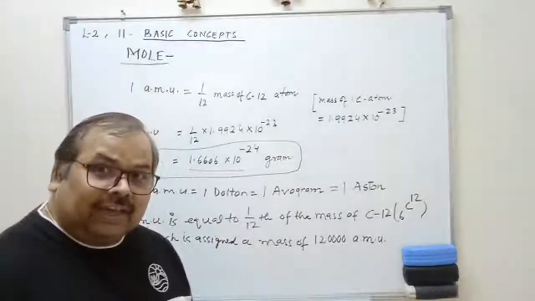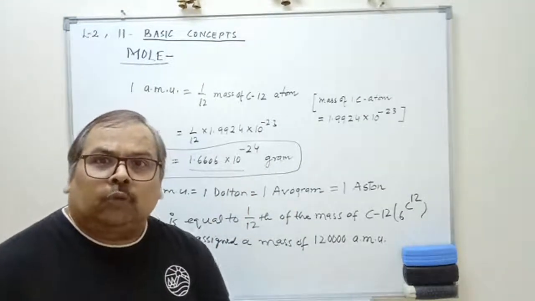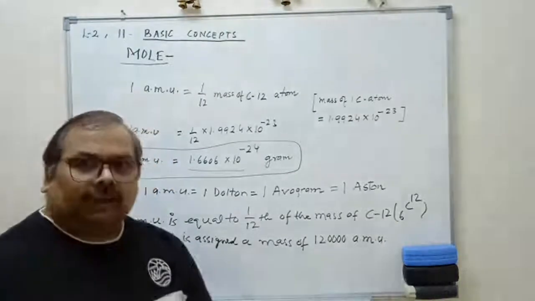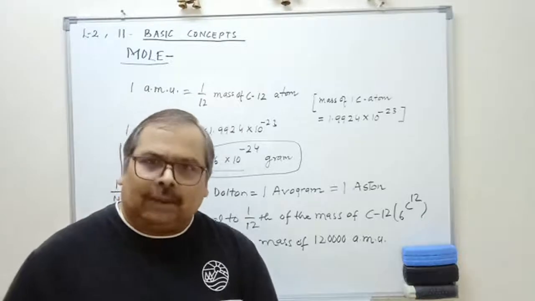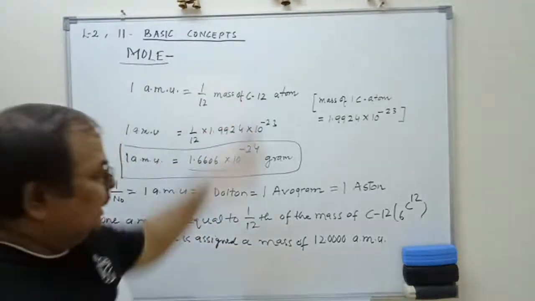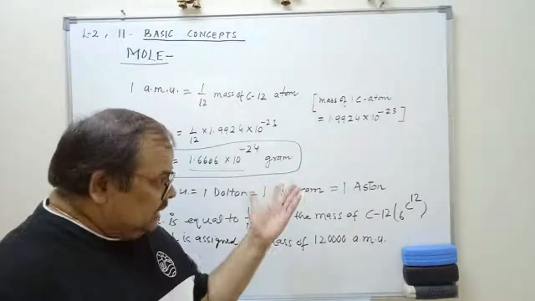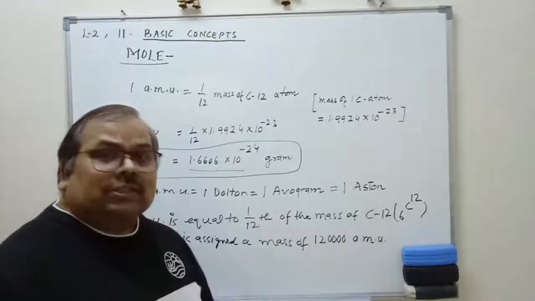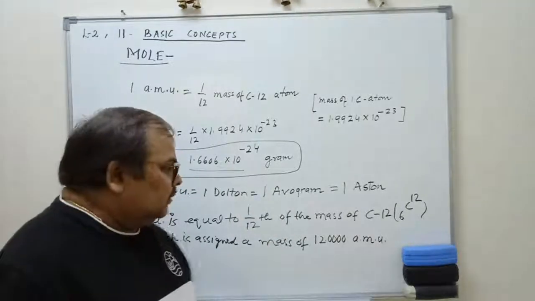That number we are getting, and it is correlated with the 22.4 liter volume occupied by 1 mole. So these are very important aspects. Please go with this. We will use all this in numerical portions. So this is very important.